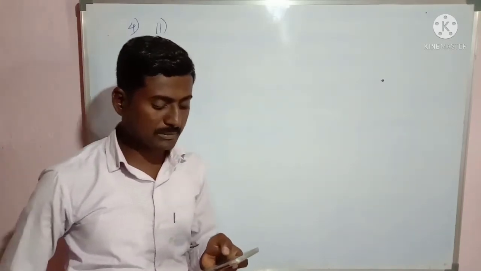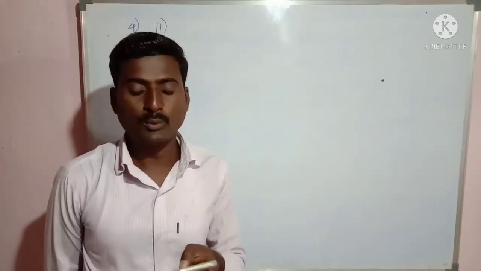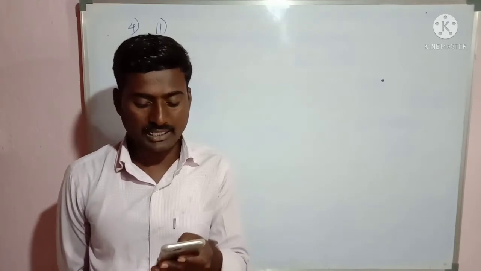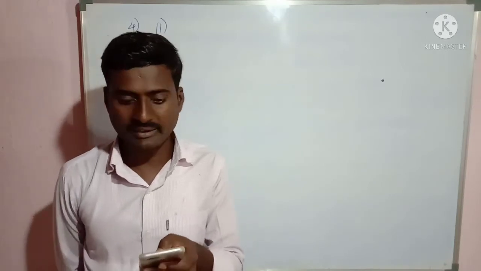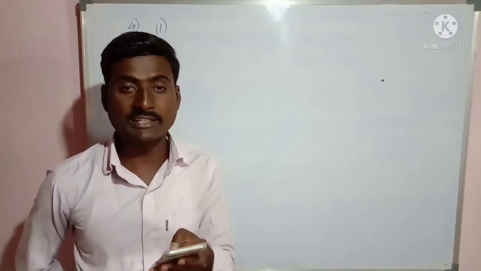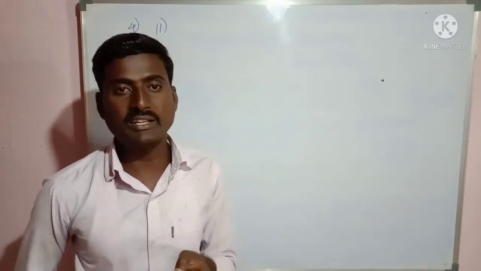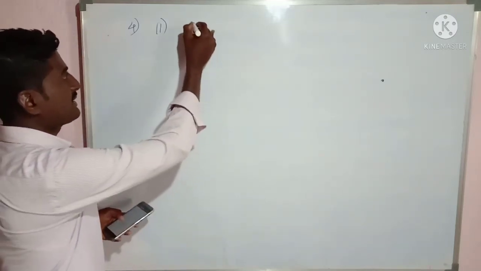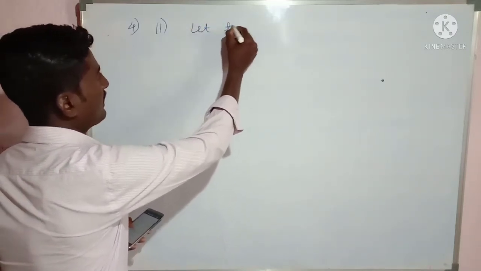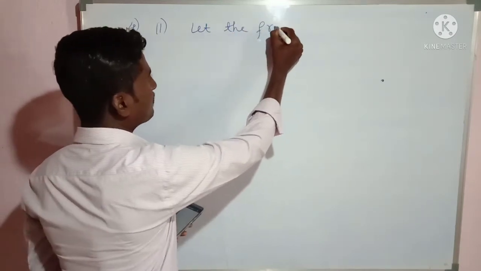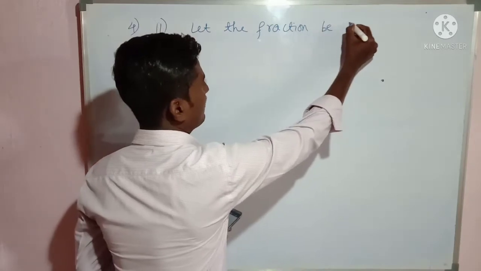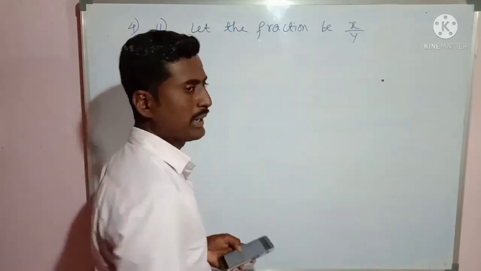A fraction becomes 1 by 3 when 1 is subtracted from the numerator and it becomes 1 by 4 when 8 is added to its denominator. Find the fraction. Let the fraction be x divided by y.